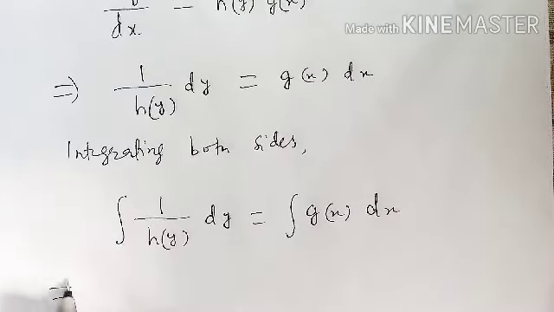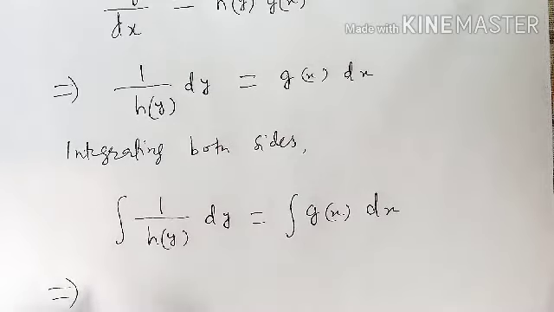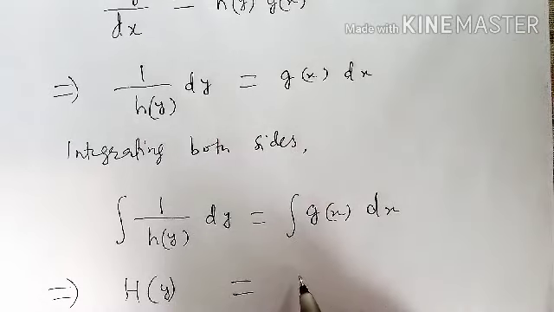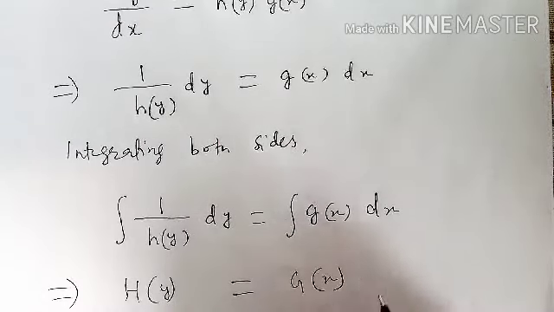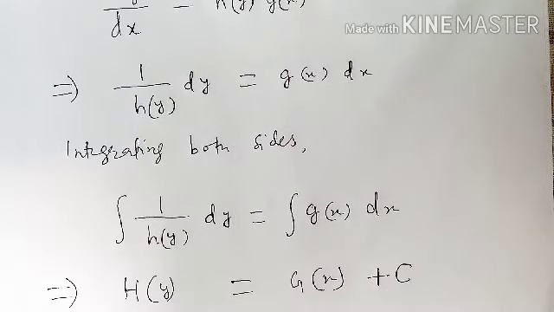This can be written as, suppose integral of this integrand is H(y) and this one is G(x). We add c here. Let us do some questions to understand it properly.